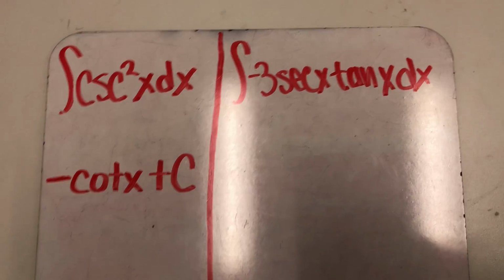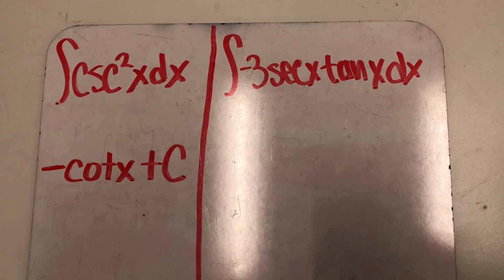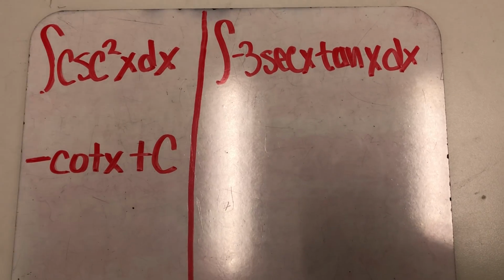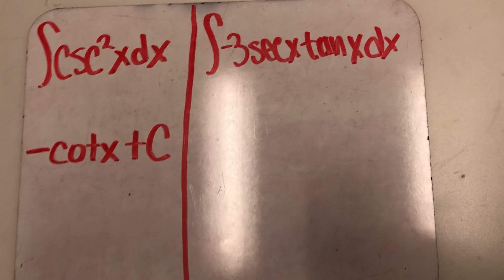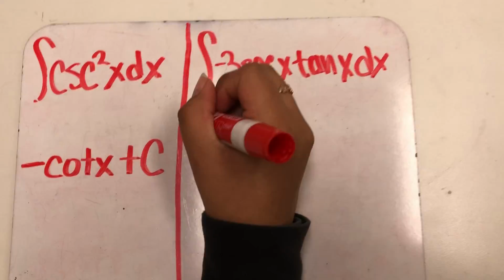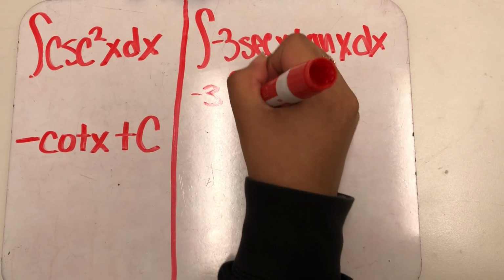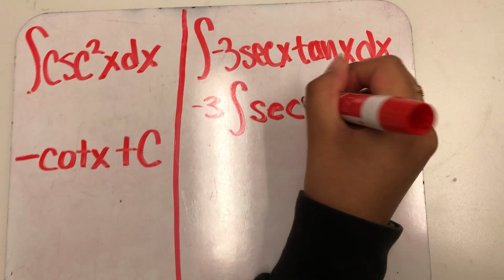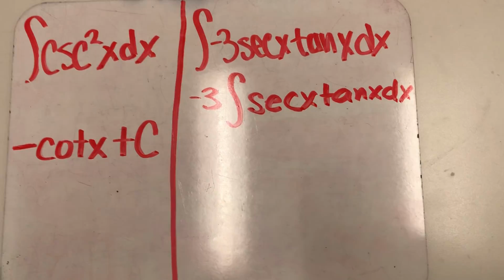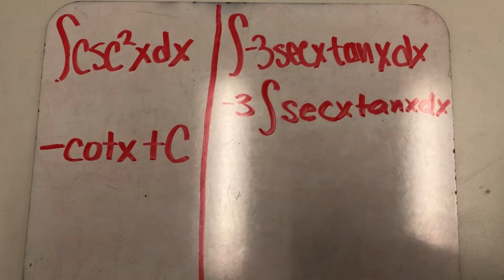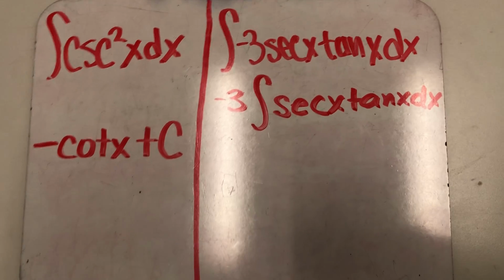So our final one is the indefinite integral of -3 times secant x tangent x times dx. So our first step is obviously we're going to take out the constant, which is -3, and we will rewrite our equation that way. And this is another one where we have to know our trig identities in order to solve it.